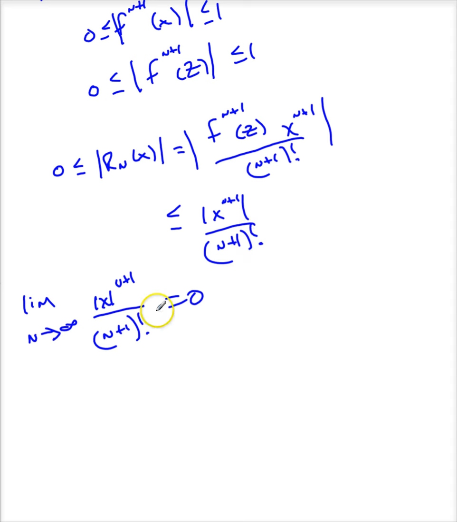So we can use the squeeze theorem for all x and say that the remainder R sub n of x goes to 0 as n approaches infinity. So by the theorem, we know that the Maclaurin series for sine of x converges to sine of x for all x.